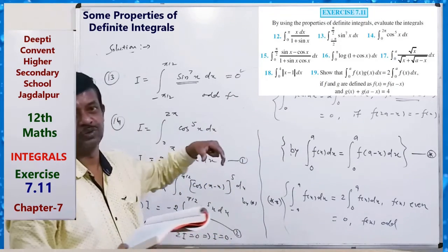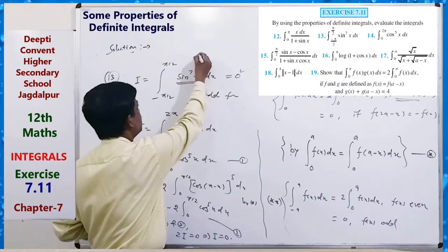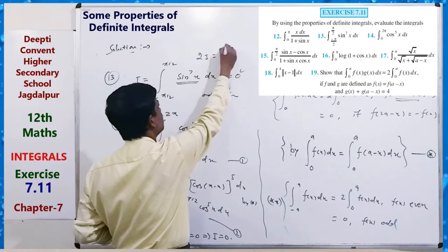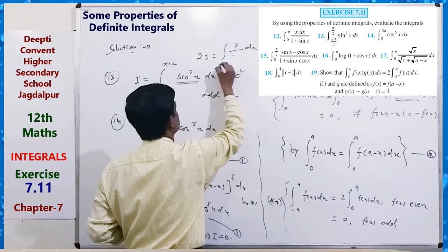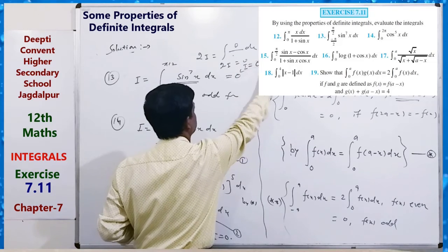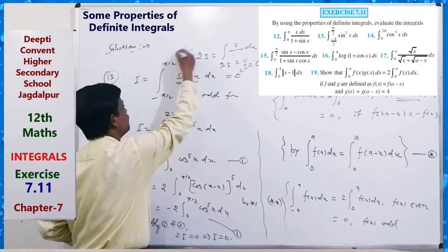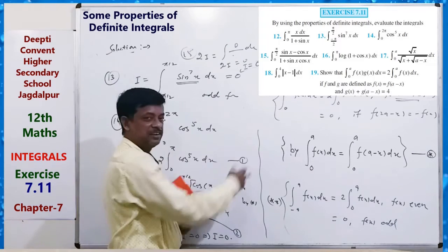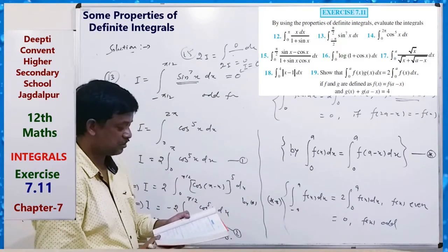Then adding those two, 2I equals the integral of 0 dx, so 2I equals 0 and I equals 0. So the answer of 15 is 0. Clear? Very simple by using this property.